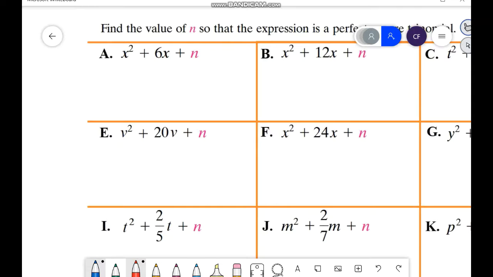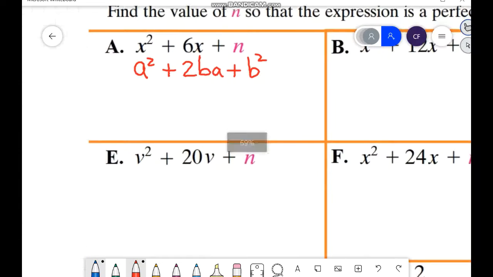We're going to use the formula we've seen before: a squared plus 2ba plus b squared. Just understand that this is going to equal a plus b, squared. This is the reason it is a perfect square trinomial. But we're not going to use this right now. We're just going to complete the square.